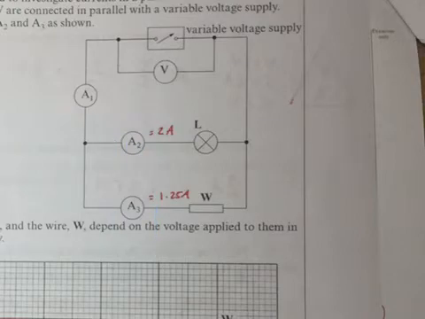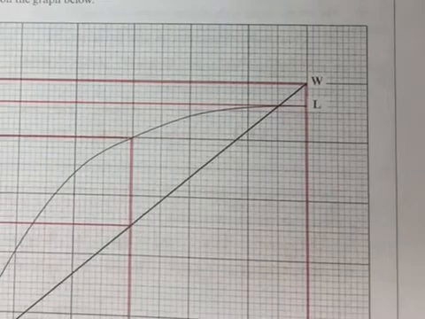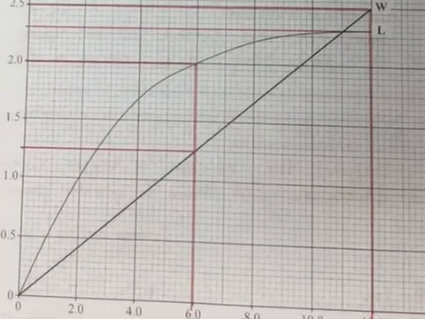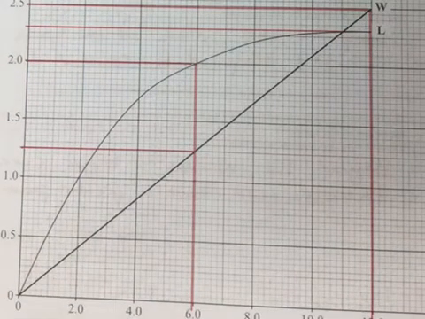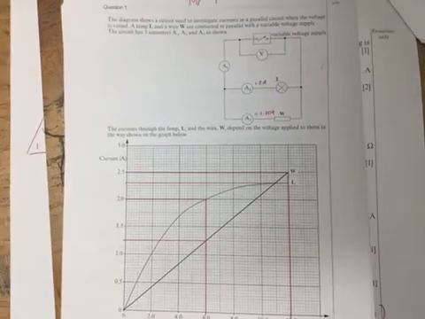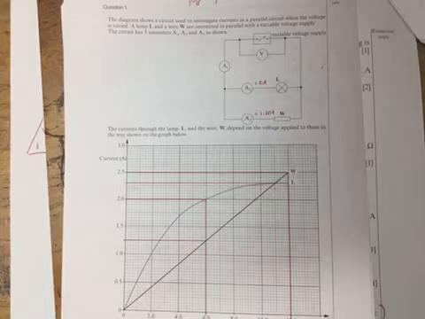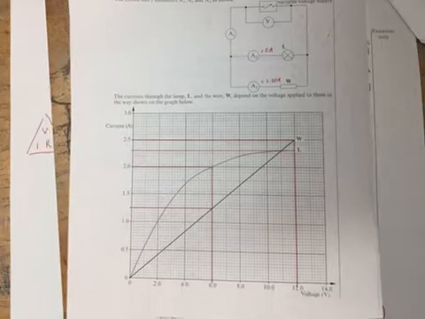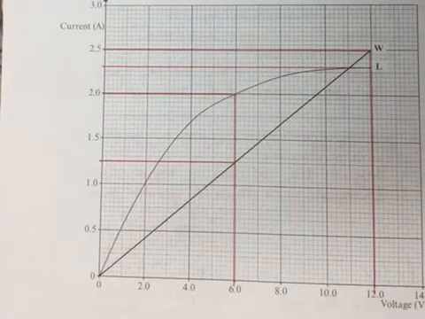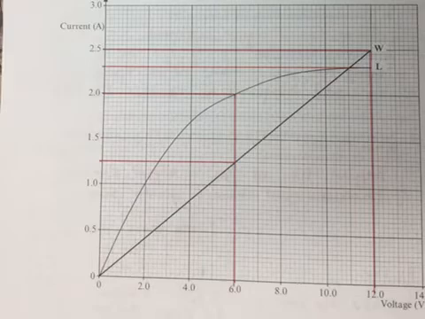So we know that at A2, the lamp is 2. So that's why I've written 2 there. And then we know at W, if I go up there, it's going to come out to be sort of 1.25. Can you see that on the straight line? So at 6 volts there, it's 1.25.